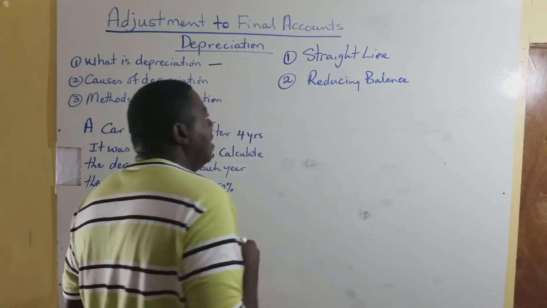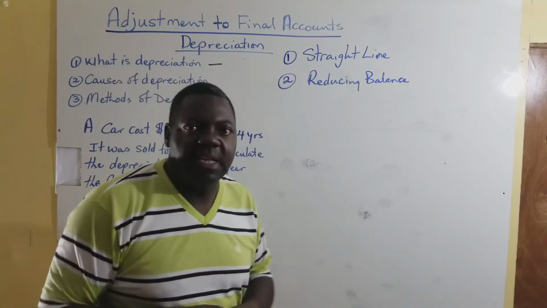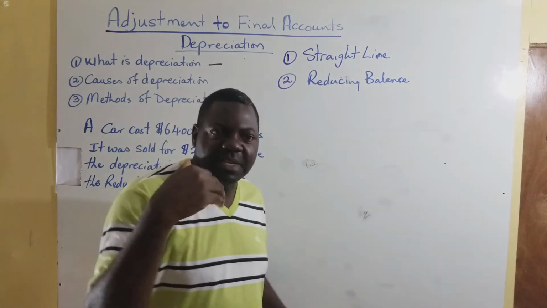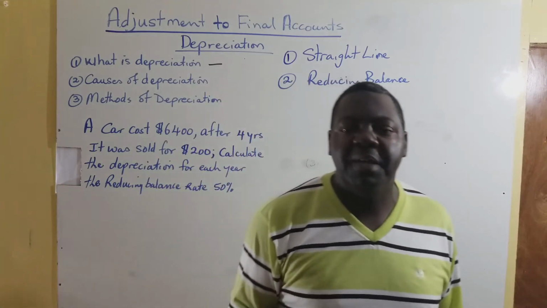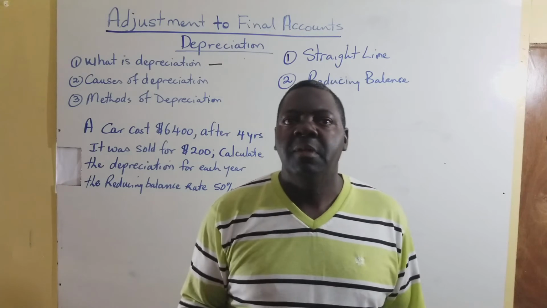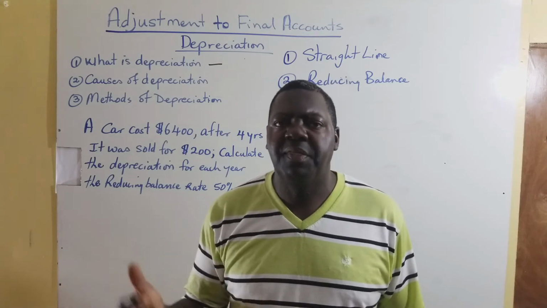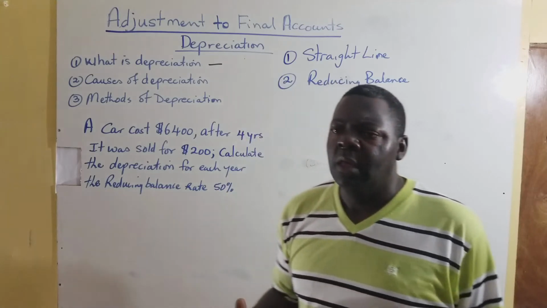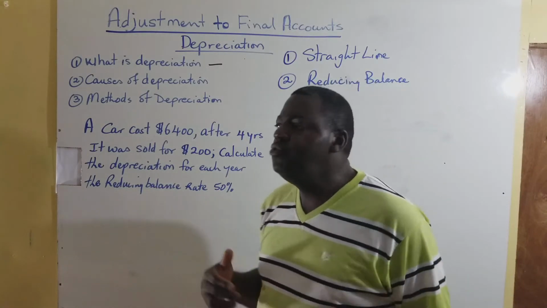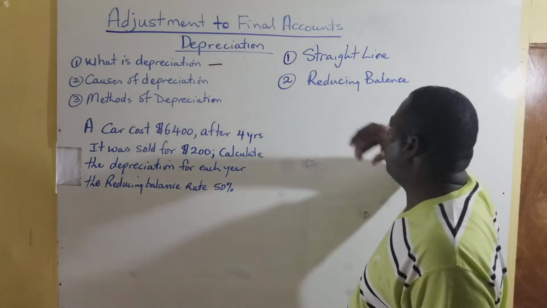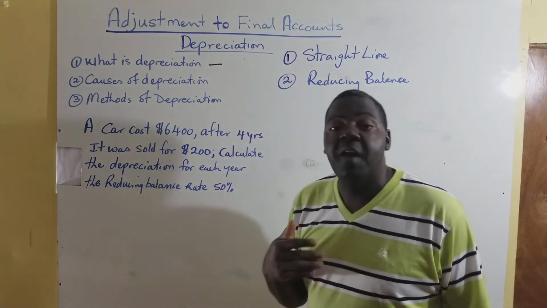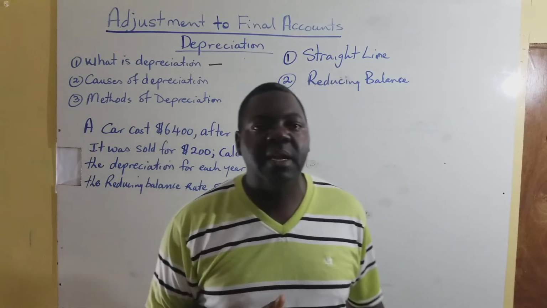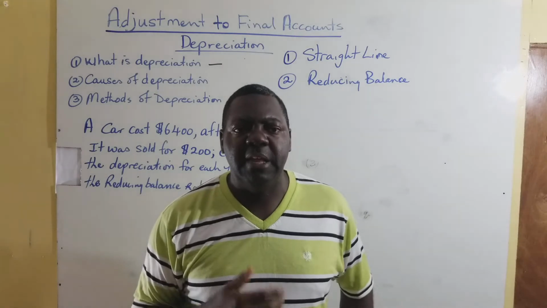Now there are others, as I say, the sum of the digits method, the horsepower method, right? Those are other varying methods. But at this level of your training, it is critical that you know well these two methods, as they are popularly and frequently used across the world in businesses.